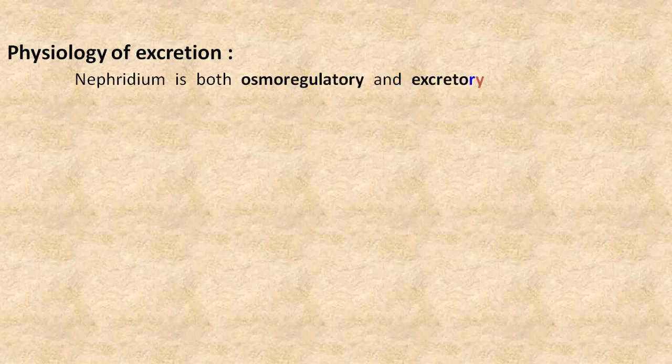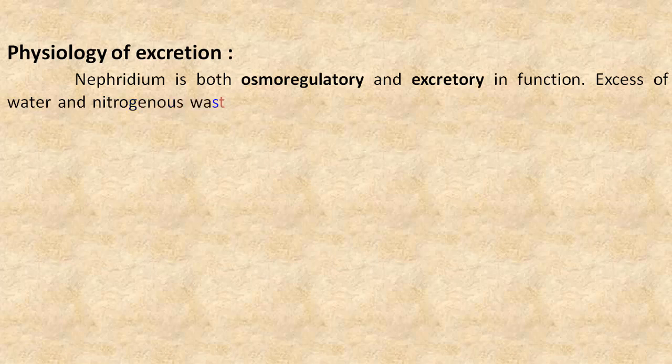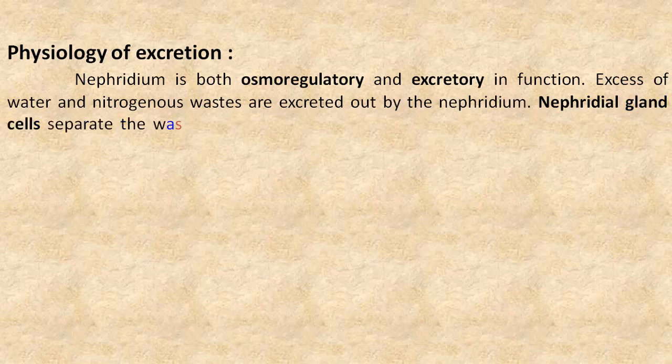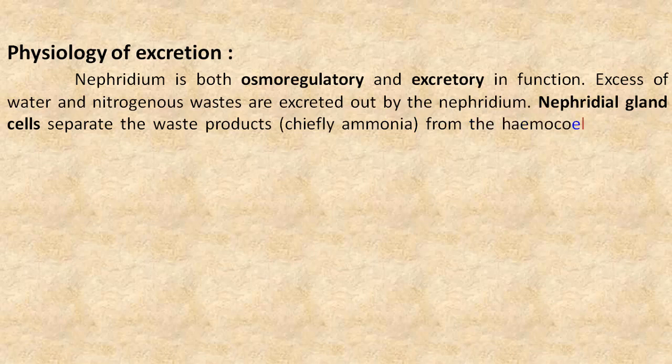Now we will see about the physiology of excretion. Nephridium is both osmoregulatory and excretory in function. Excess of water and nitrogenous wastes are excreted out by the nephridium. Nephridial gland cells separate the waste products, chiefly ammonia, from the hemocoelomic fluid.